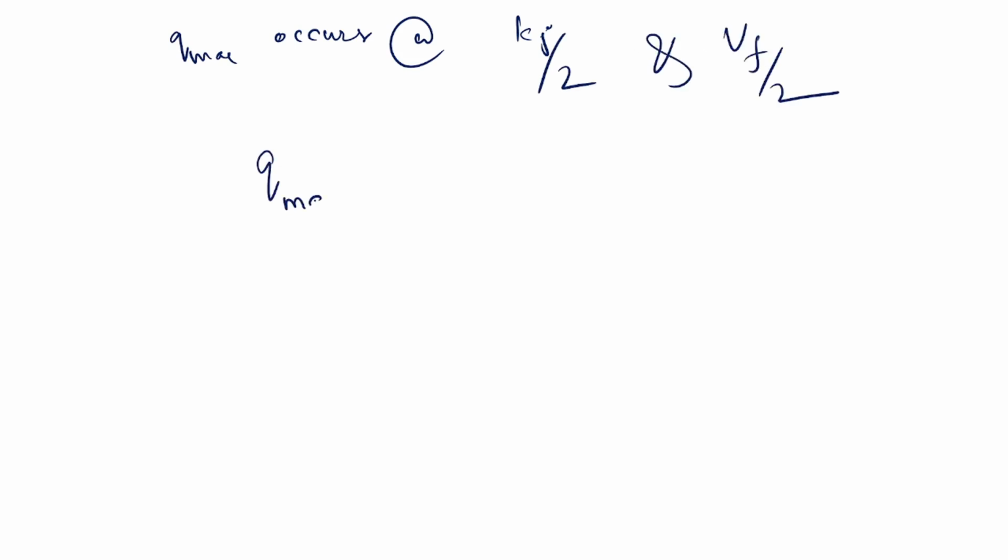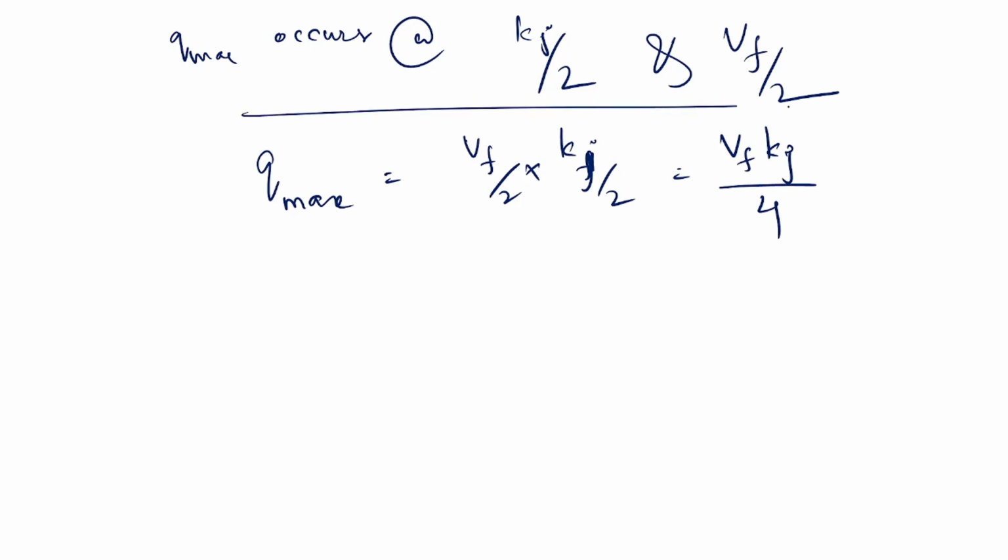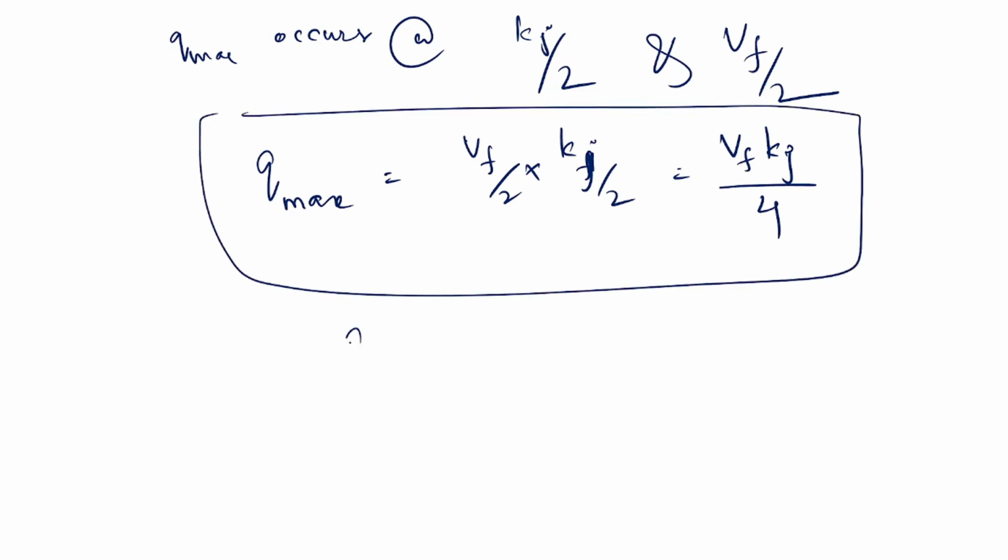So Q max should be Vf by 2 multiplied by Kj by 2, that is VfKj by 4. You cannot write Q max as V max multiplied by K max, which are V max is Vf and K max is Kj.